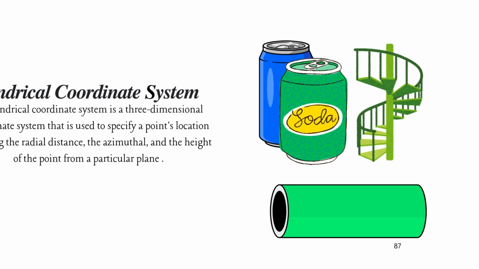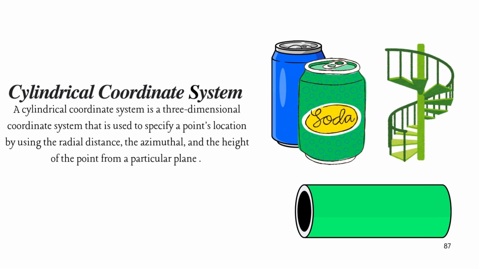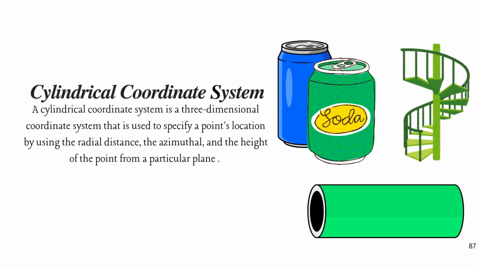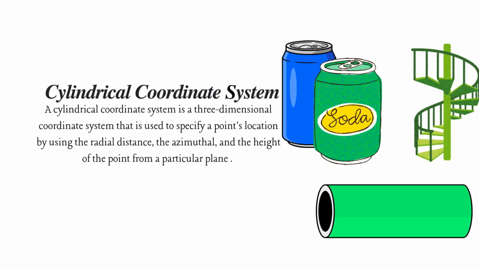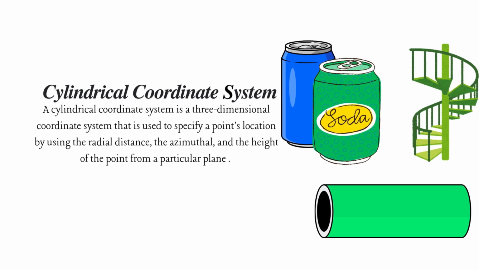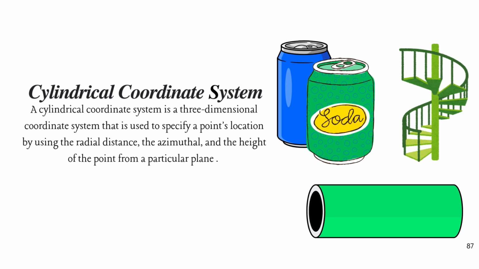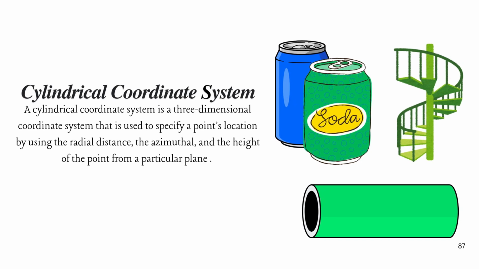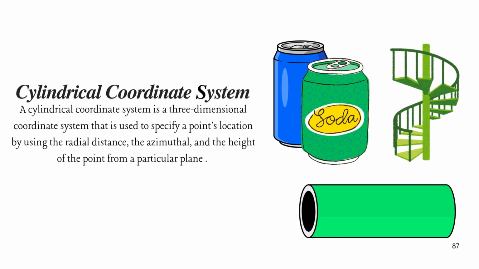Using the cylindrical coordinate system, we can find the coordinates of any cylinder, pipes, or something bizarre like a hollow inner spiral staircase. Yes, anything cylindrical we see in our real world can be determined by the cylindrical coordinate system.